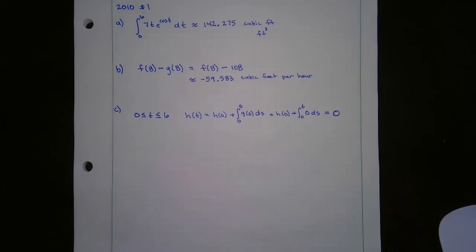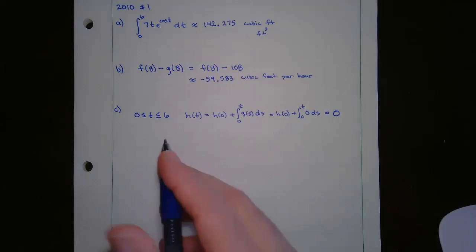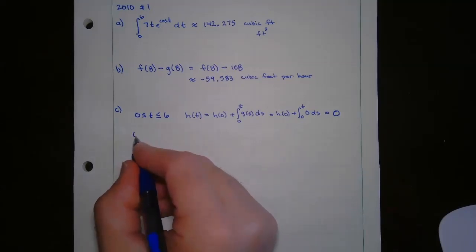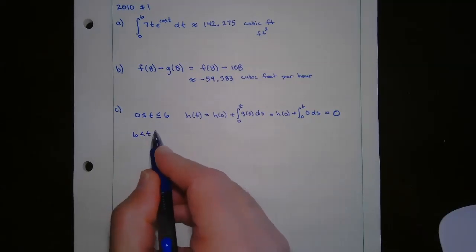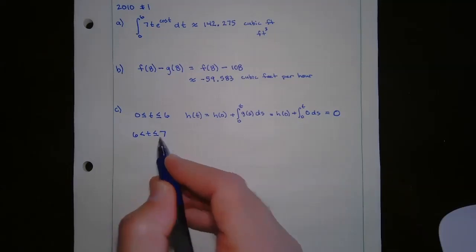Now we need to move on to the next time interval, which is 6 to 7. We're not going to do less than or equal to, but 6 < t ≤ 7.